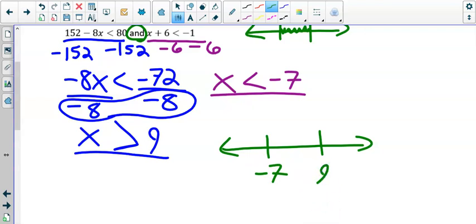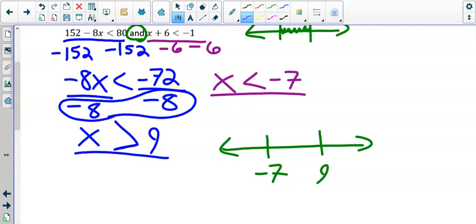All right. So now we do some shading. Let's talk about negative 7. Will it be a bracket or a parenthesis at negative 7? Say it again. A bracket. No, it's not a bracket. It's got to be a parenthesis. How did we know it's going to be a parenthesis? It's not equal to on the bottom. You got it. That's right.